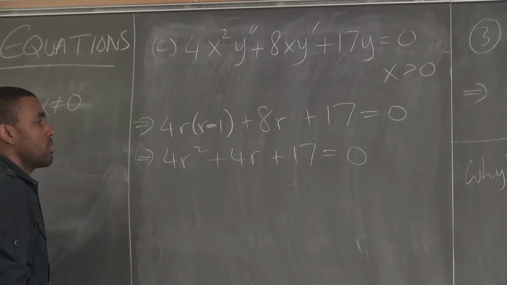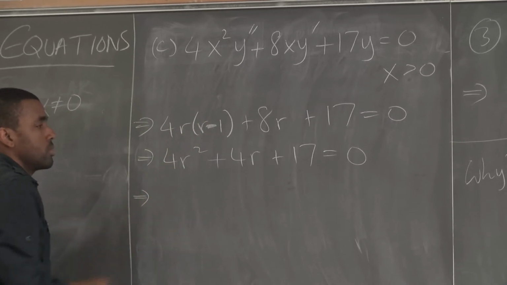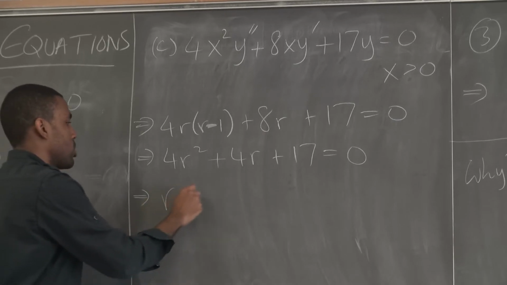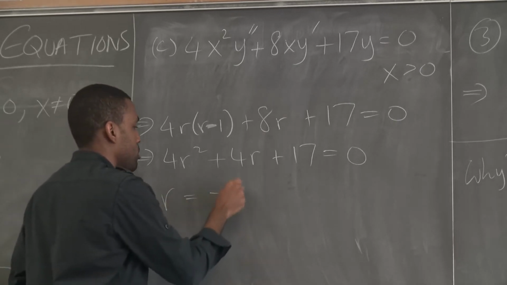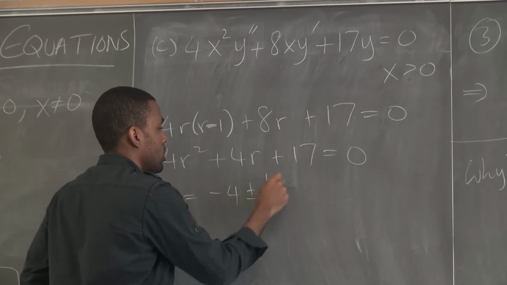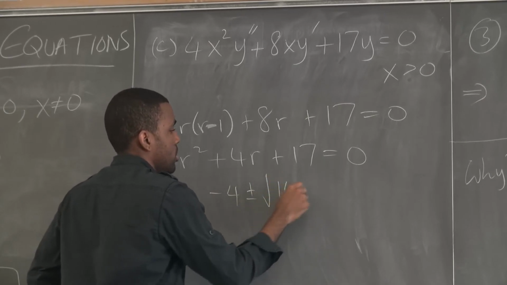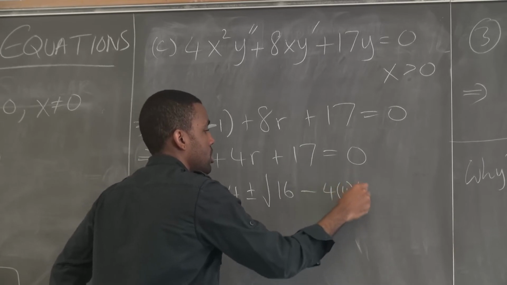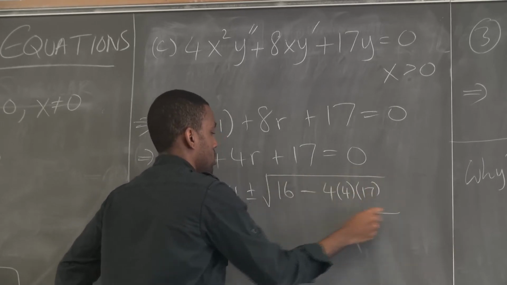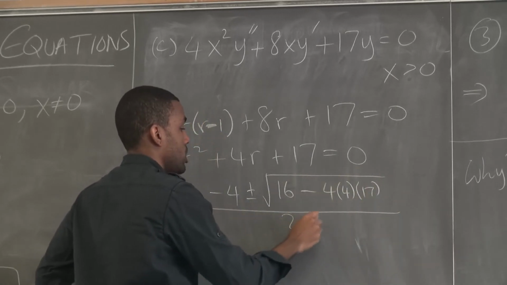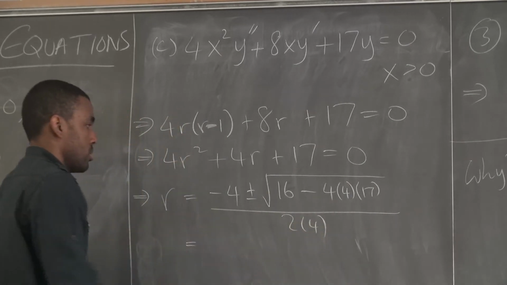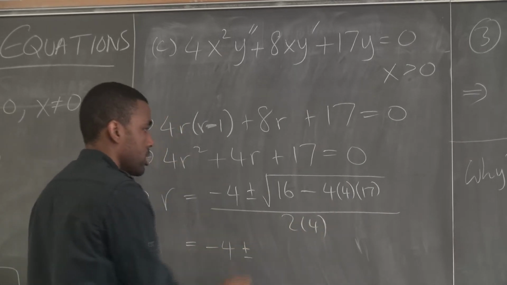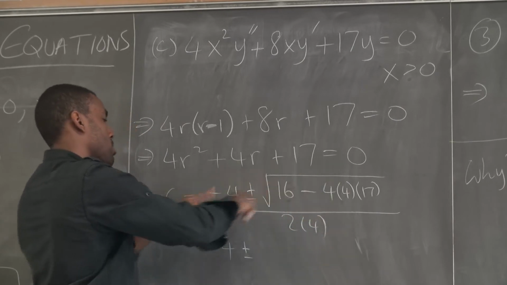So now what? How do we solve that? Does that factor? No. It doesn't factor, so we have to use the quadratic formula: minus b plus or minus the square root of b squared minus 4 times a times c, all over 2 times a. So this is minus 4 plus or minus, 16 is a common term, I can factor that out.